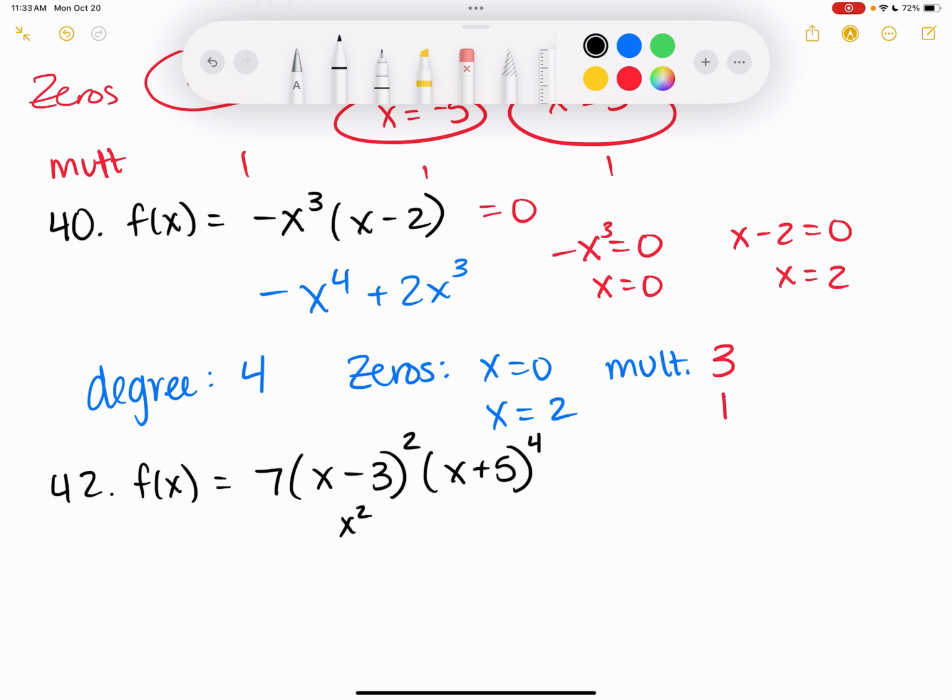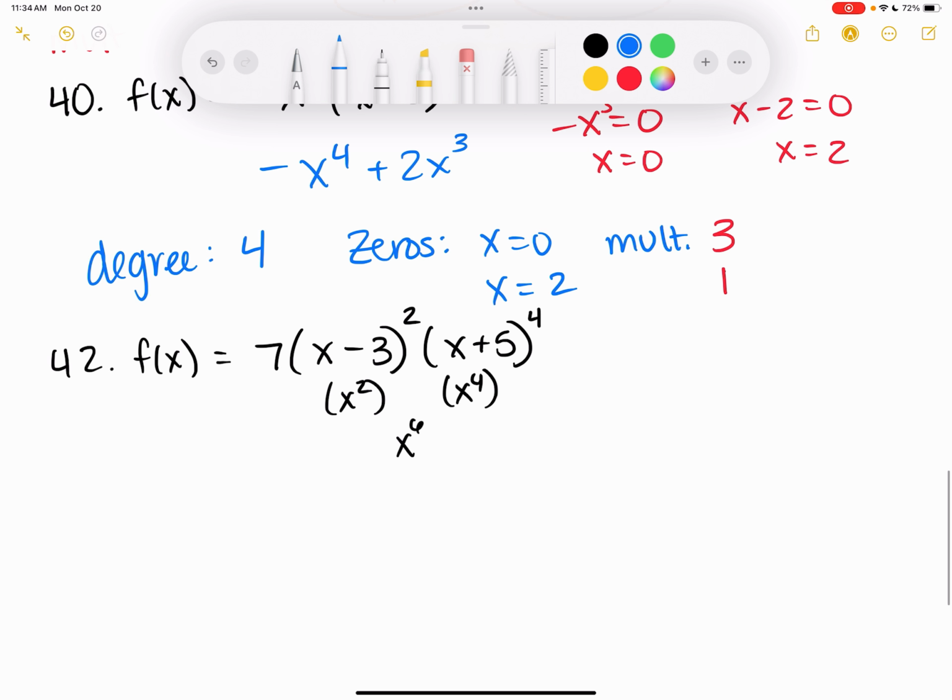Over here, x plus 5 times x plus 5 times x plus 5 times x plus 5, the highest powered term is going to be what? x to the 4th. So the highest powered term of each of these when multiplied by each other is what? x to the 6th. So I don't care about anything else that this multiplies out to be other than the highest powered term. So that right there tells me that I'm a degree 6 polynomial.